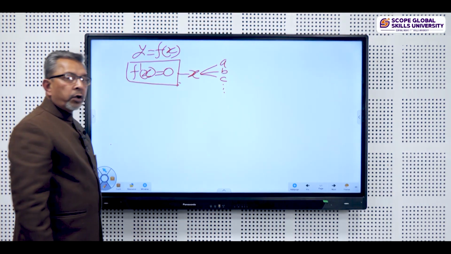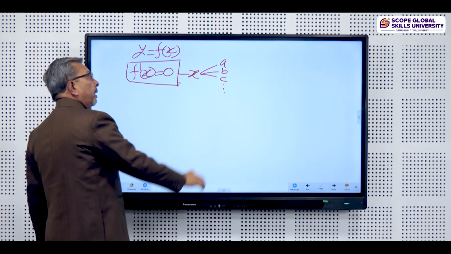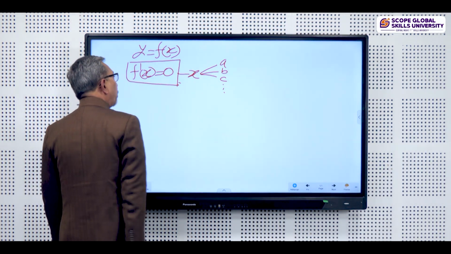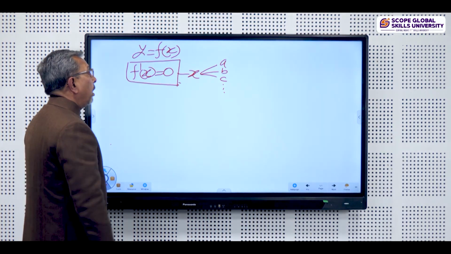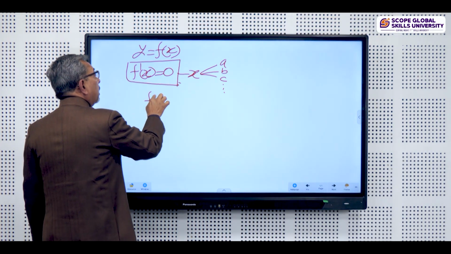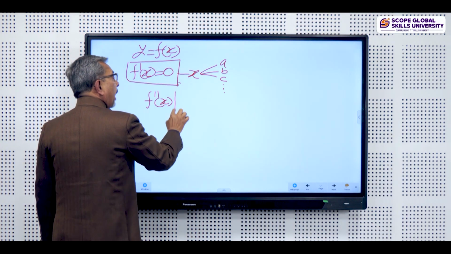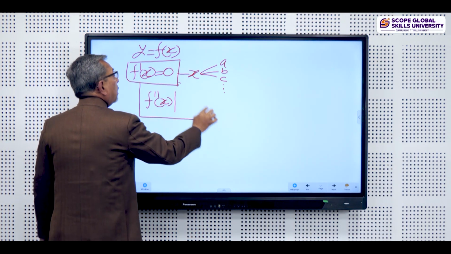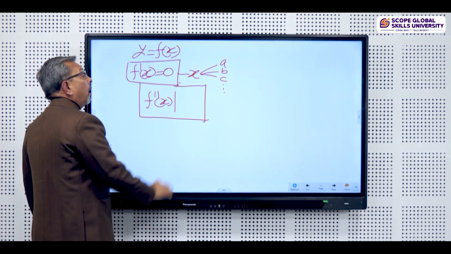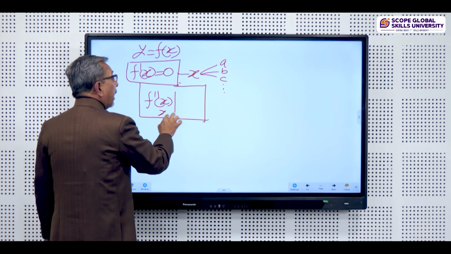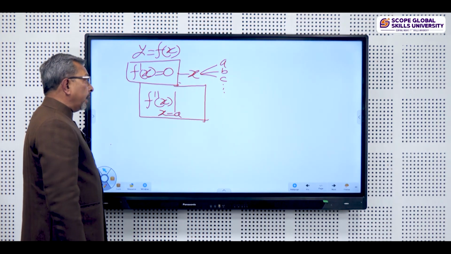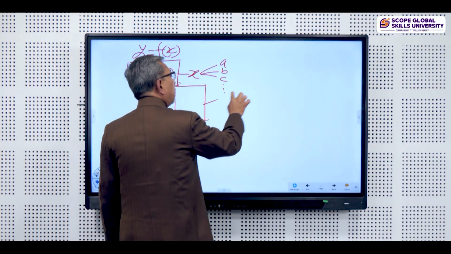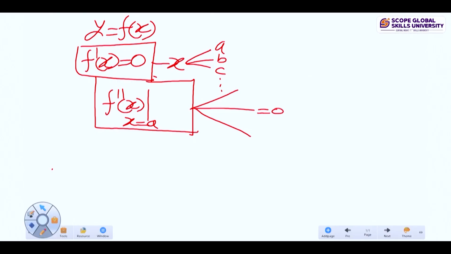These are critical points or stationary points, and after getting these, we will find out the second order derivative and calculate its value at any chosen point x. If this is 0 or less than 0 or greater than 0, according to the test, we will decide whether the function has maxima or minima.